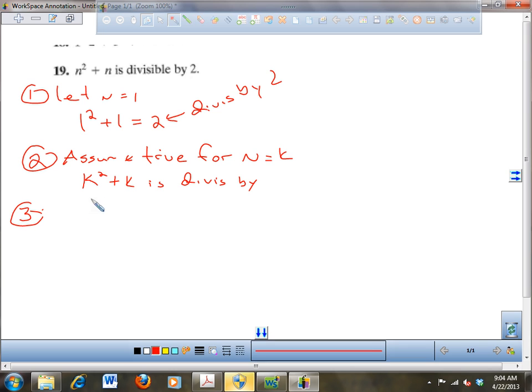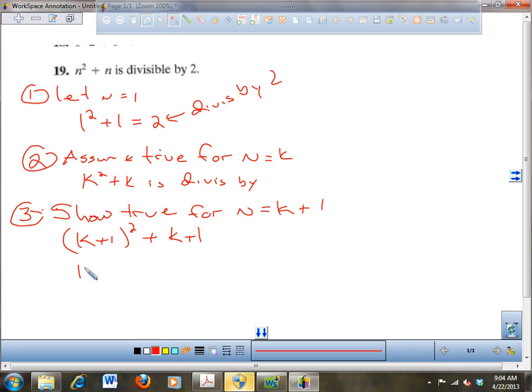you're supposed to show it's true for n equals k plus 1. So what you have is k plus 1 squared, because I'm plugging in k plus 1 here, plus k plus 1. Then I multiply it out: k squared plus 2k plus 1 plus k plus 1.